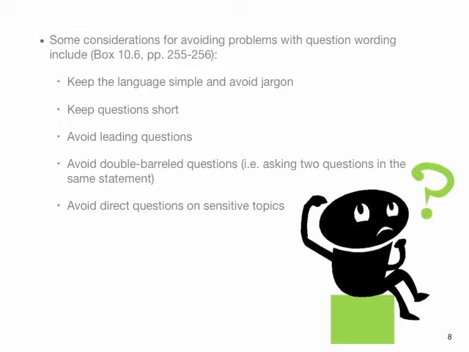Avoid jargon. There would be no point in me asking people about, what do you think about the CTC and the work that the CTC does if people don't know what the CTC is versus Canadian Tourism or Tourism Canada, whatever the case may be.